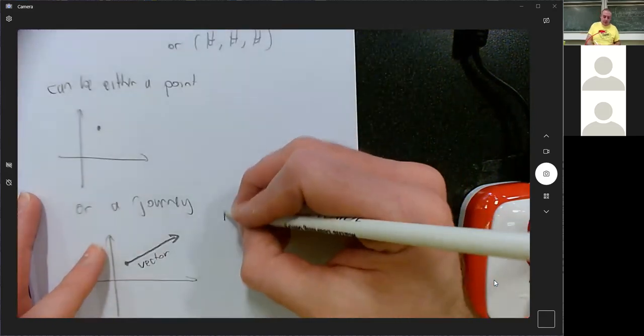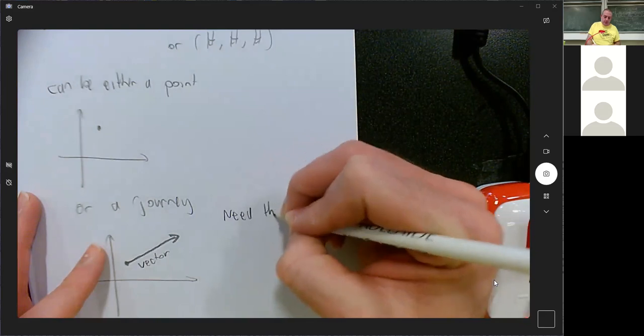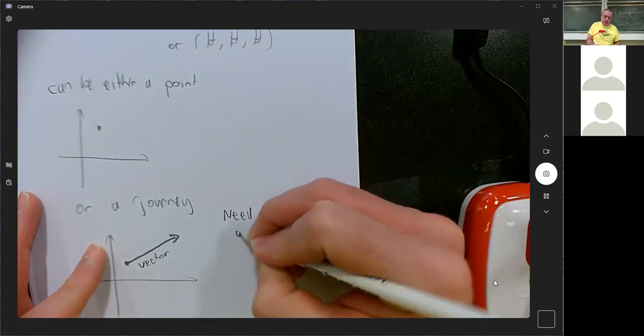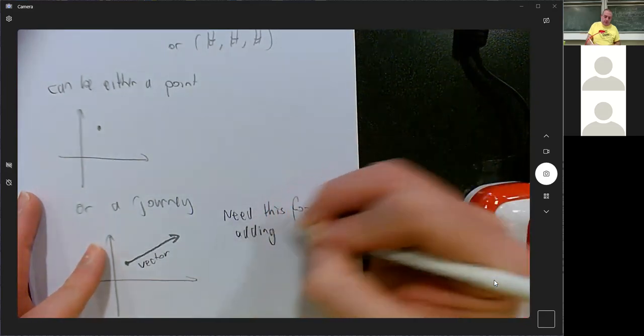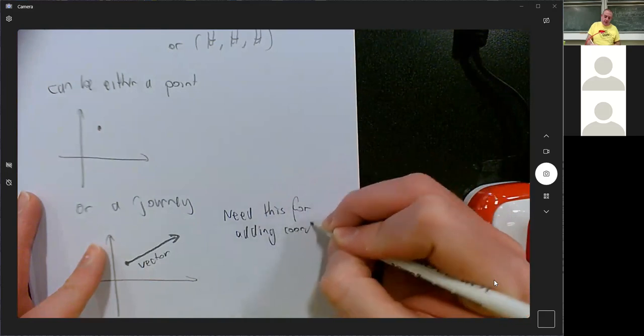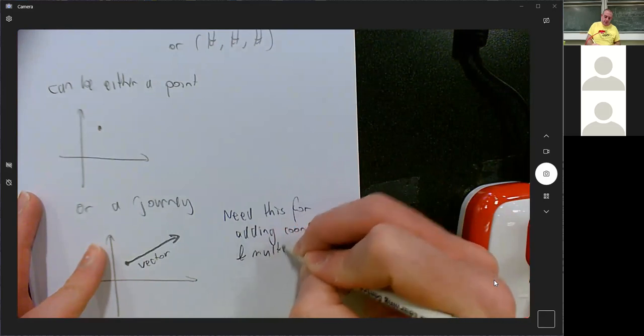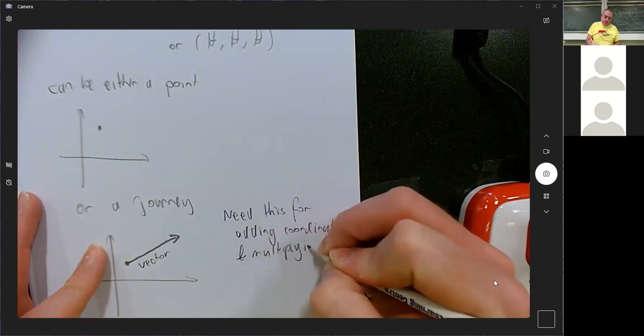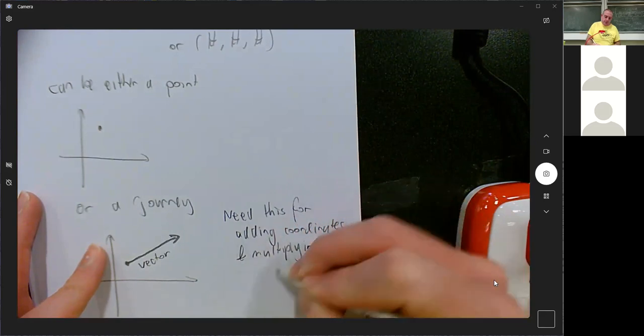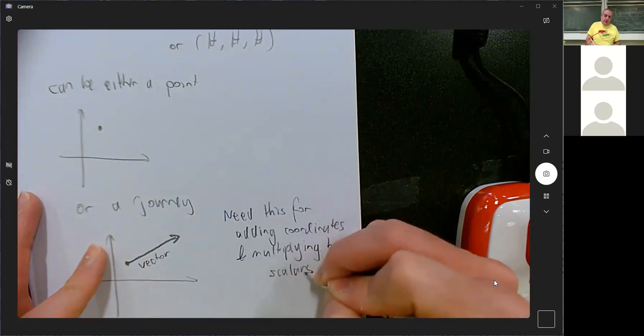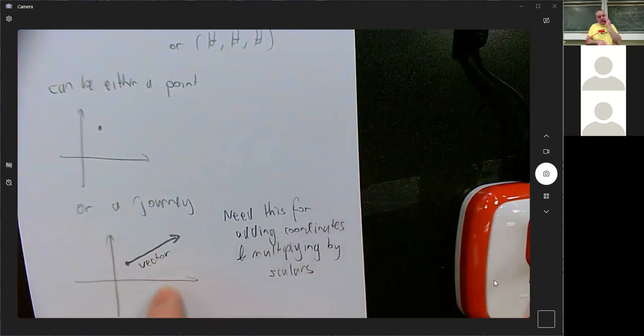So you need this thing, the vector, for adding coordinates and multiplying by scalars in order to interpret what that means.